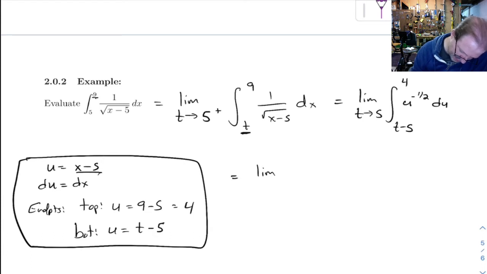So we have the limit as t goes to 5 from the plus side. When I integrate this, I get u to the positive 1/2, and then you have to divide by 1/2, from t minus 5 to 4.